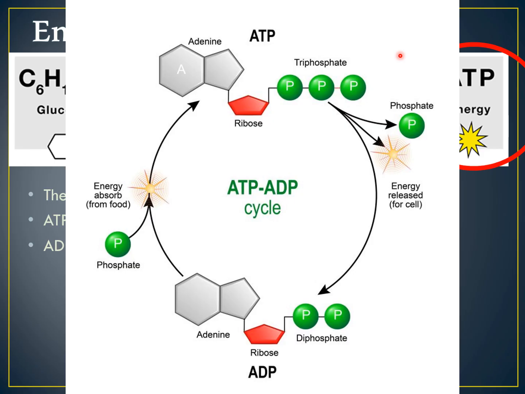All cells will use ATP. The way that this will work is that if there's any kind of molecular change that needs to happen, let's say that something has to be converted from one molecule to something else, or a process has to happen inside a cell, or reception, anything that's going on that's going to require some energy, ATP is going to lose a phosphate group.